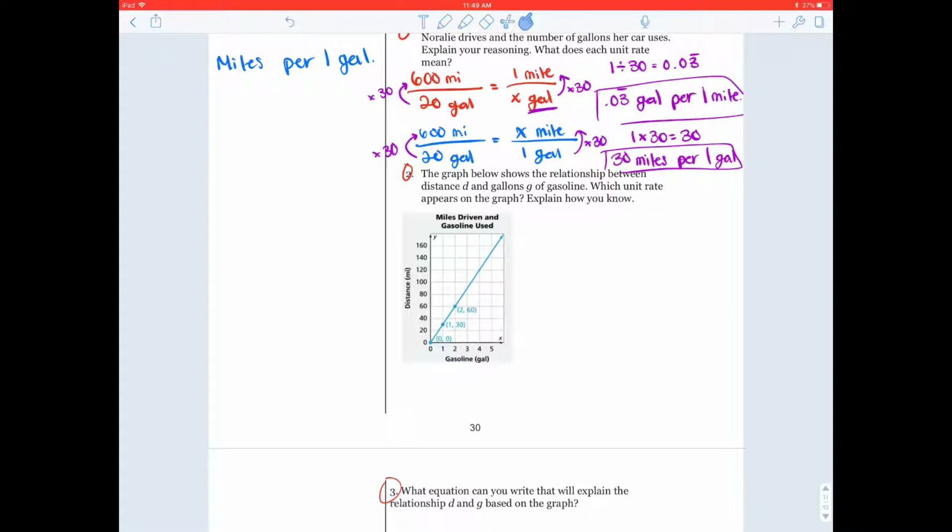So remember, to find the unit rate on the graph, the unit rate is on the coordinate 1, comma, and I'm going to put a y here just because it could be any number. So let's go ahead and find this coordinate.